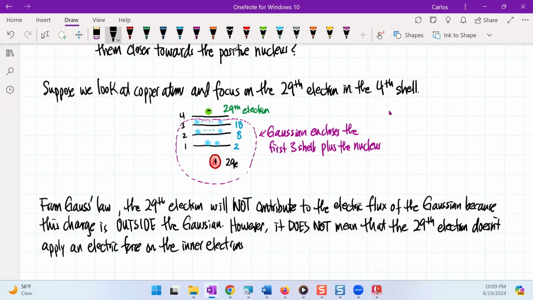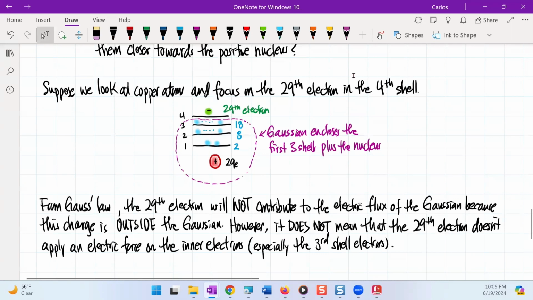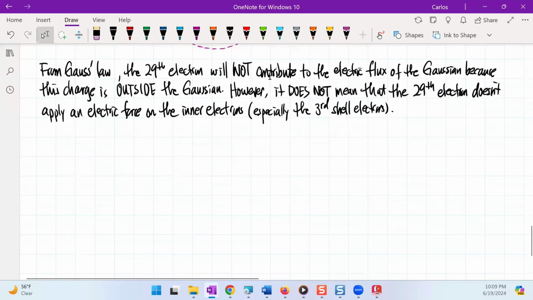And the ones we really got to think about are especially the third shell electrons. Those are the ones that are closest. So then the question lies like this.